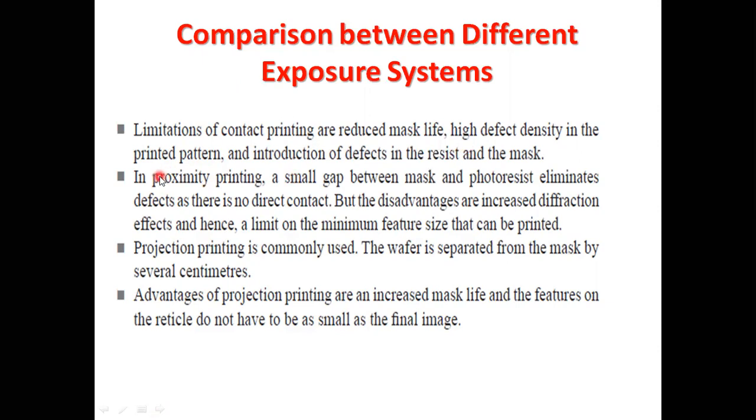Next case is, in the proximity printing, a small gap between the mask and the photoresist eliminates defects as there is no direct contact. But the disadvantages are increased diffraction effects and hence a limit on the minimum feature size that can be printed. Third one is projection printing, which is commonly used.